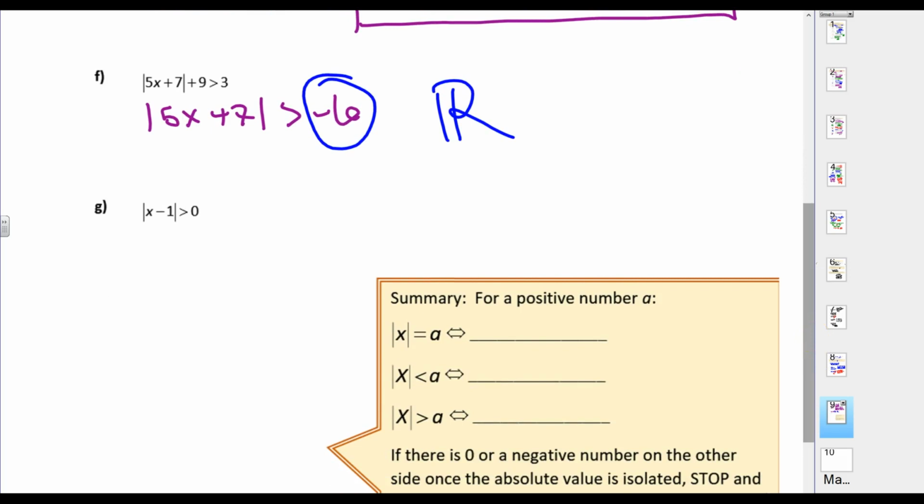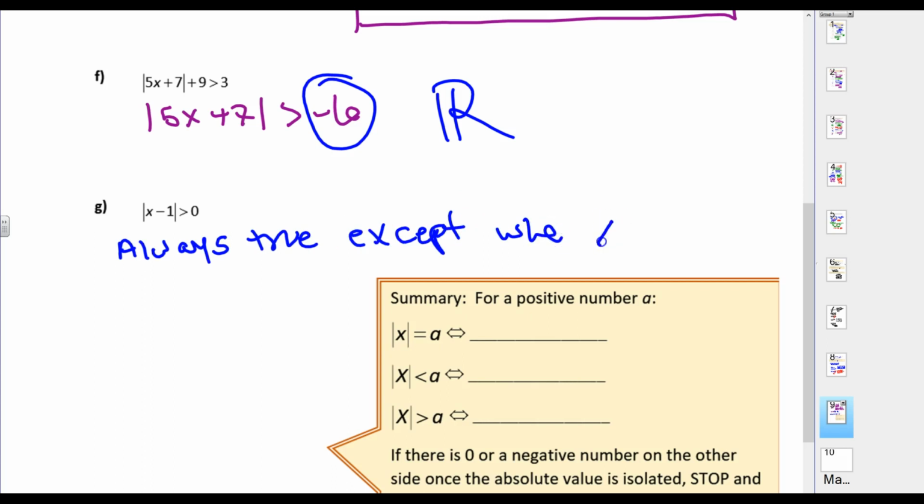And on G, let's take a look at this guy. The absolute value of x minus 1 is greater than 0. Well, as all absolute values are positive, any number I put in there, except something that makes it 0, is going to be greater than 0. So this is always true, except when the x minus 1 happens to equal 0, because that would break this, right?